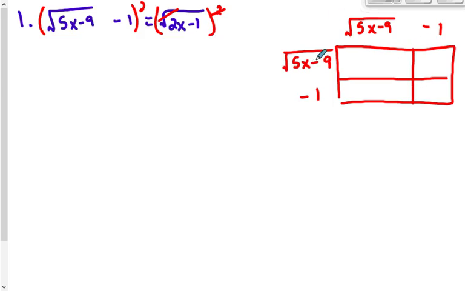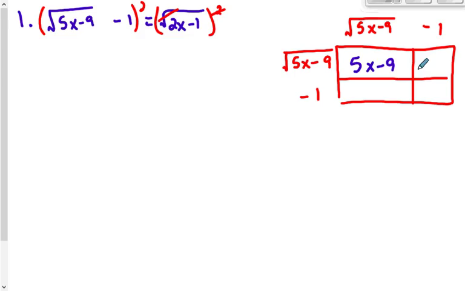So when I multiply the square root of 5x minus 9 times the square root of 5x minus 9, what do I get? The square root of 5x minus 9 squared, right? So it would just be 5x minus 9 because the square and the square root cancel.